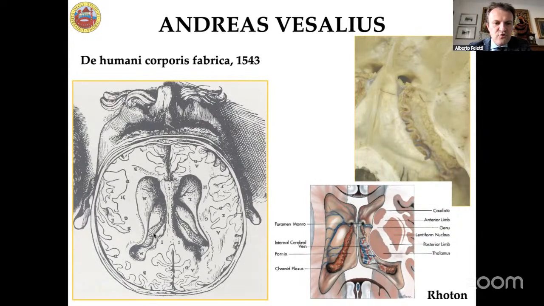But he also drew, as you can see, the choroid plexus exactly as they are. Compare the anatomy from the Rhoton drawings with these drawings. It's amazing for the time.